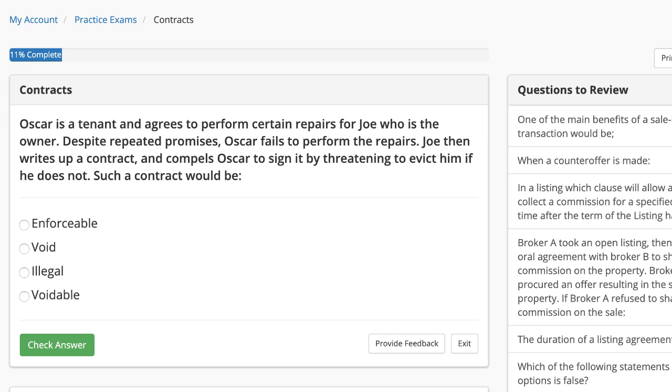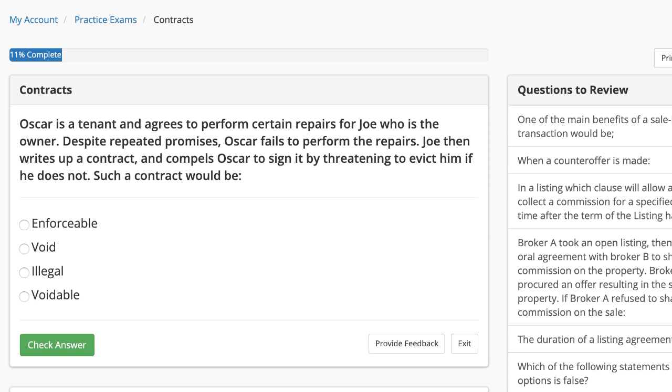Oscar is a tenant and agrees to perform certain repairs for Joe, who is the owner. Despite repeated promises, Oscar fails to perform the repairs. Joe then writes up a contract and compels Oscar to sign it by threatening to evict him if he does not. Such a contract would be: A, enforceable; B, void; C, illegal; or D, voidable.